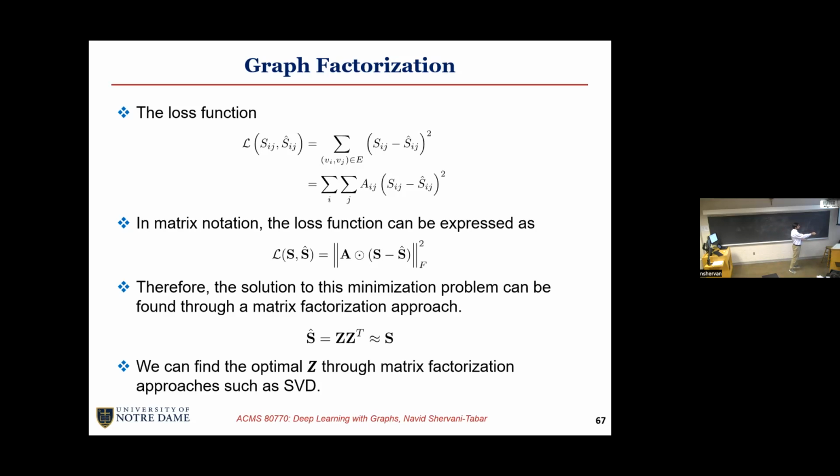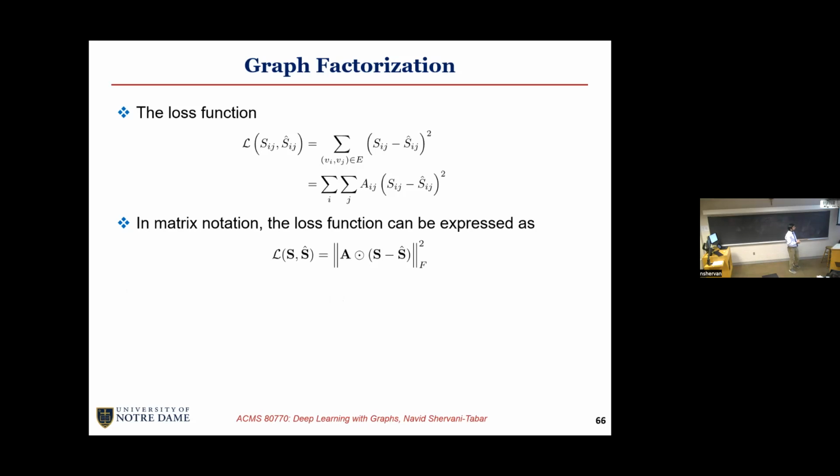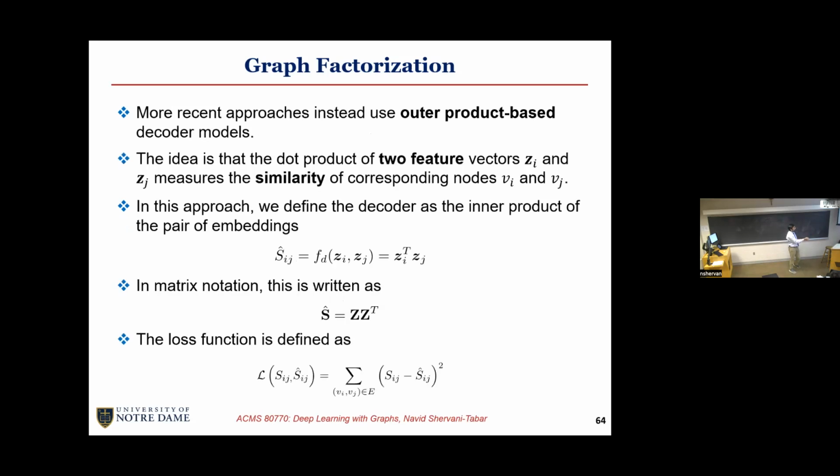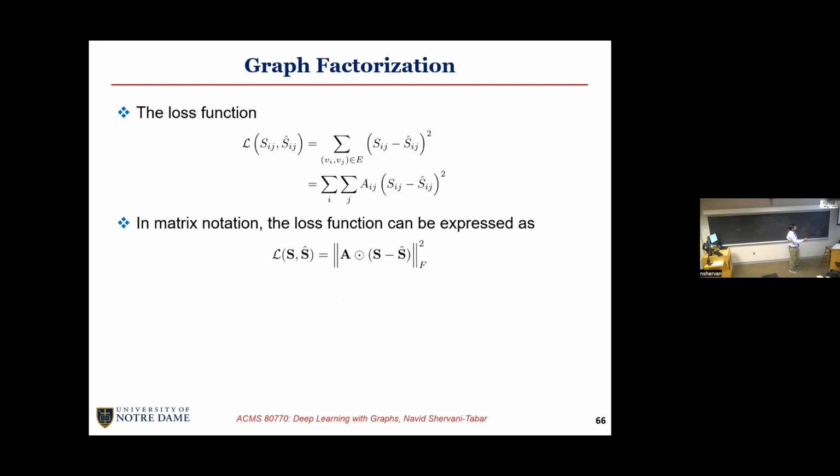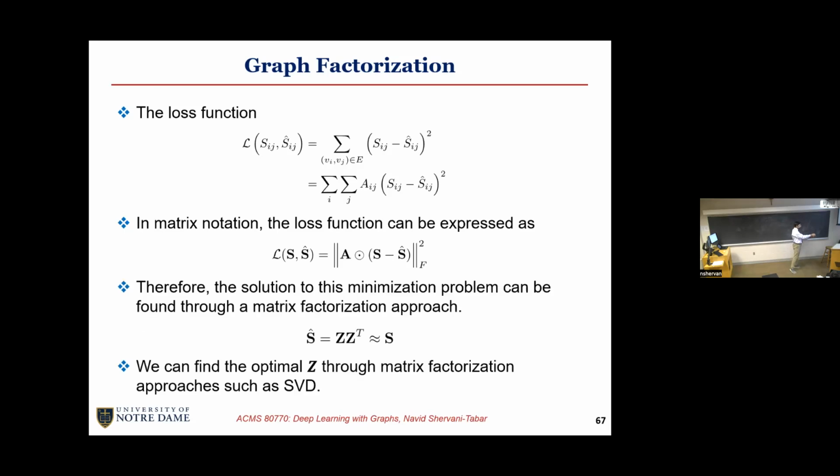That means S hat is the outer product of your embeddings, right? So now we say that ZZT is going to be approximately equal to our similarity measure. So finding these embeddings using graph factorization comes down to just factorizing this using some approach like SVD to find matrix Z.